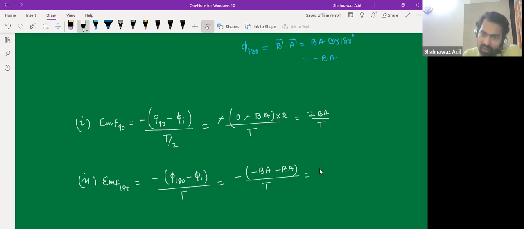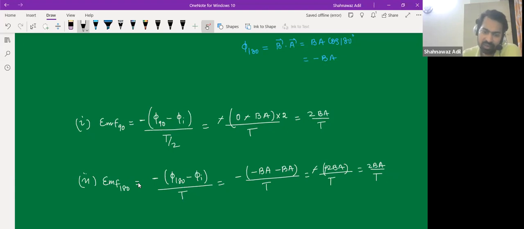So this is again minus of minus 2 VA by t. Again it cancels out and we'll again get 2 VA by t. So you see that an equal amount of EMF is induced in both rotations. Is this part clear, guys?